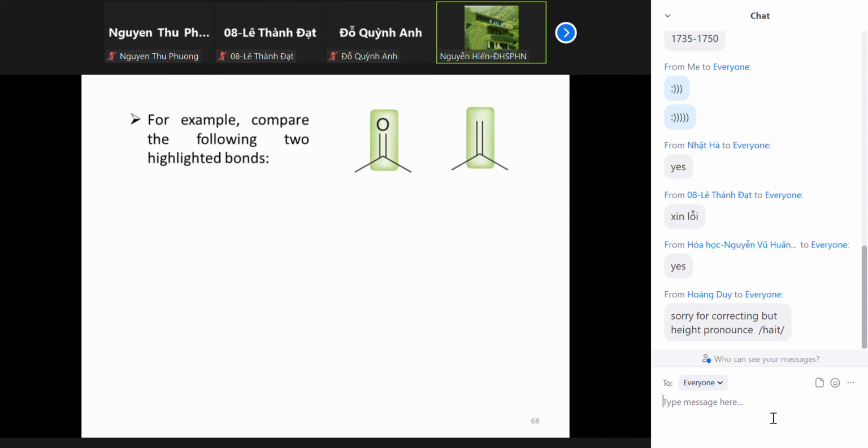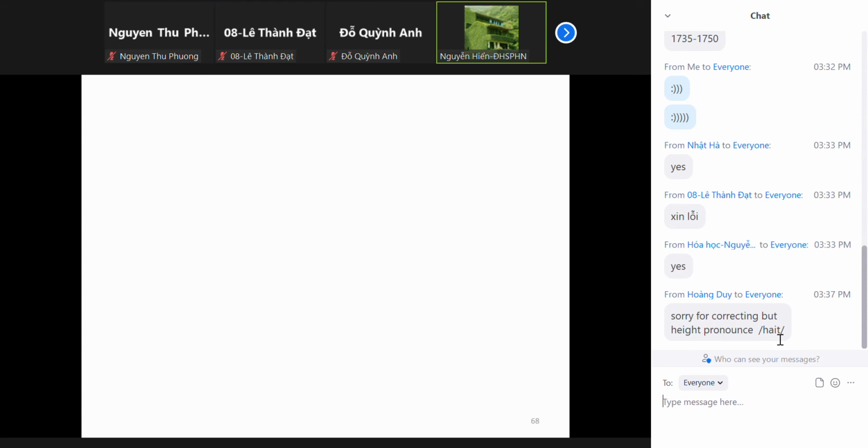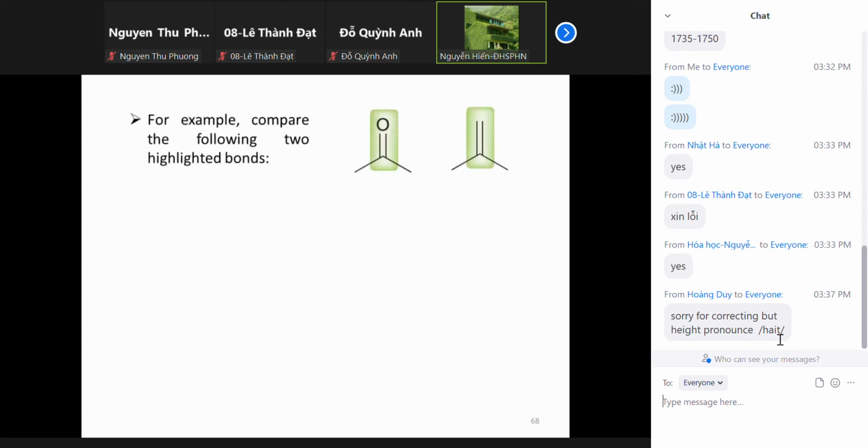We can say the greater the dipole moment, the more efficiently that bond will absorb infrared radiation. Okay, so we have an example. You see two double bonds.